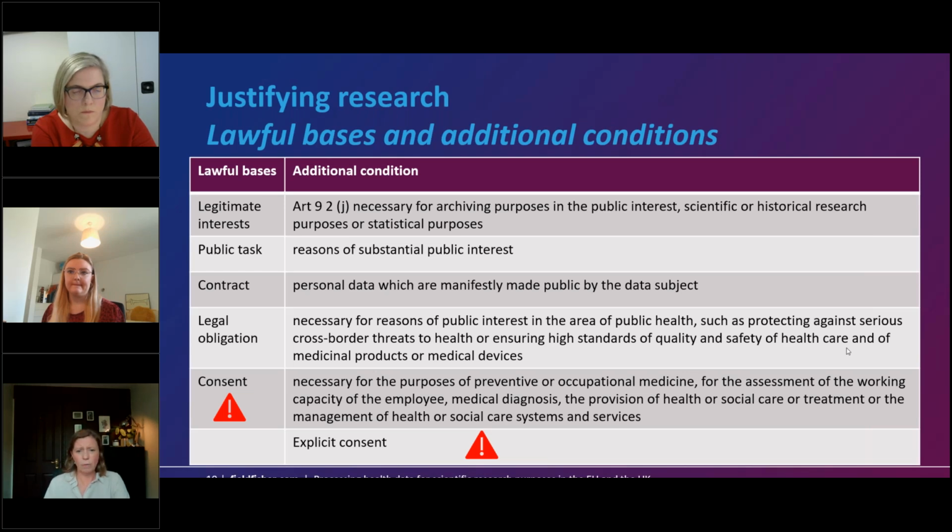Then we have two fairly big significant ones. First one is in an area of public health, so protecting against serious cross-border threats to health, ensuring high standards of quality and safety of healthcare and of medicinal products or medical devices. So there is an element of public interest again. I mentioned the definition of that, or lack of definition, but likely indication, clear and positive public benefit.